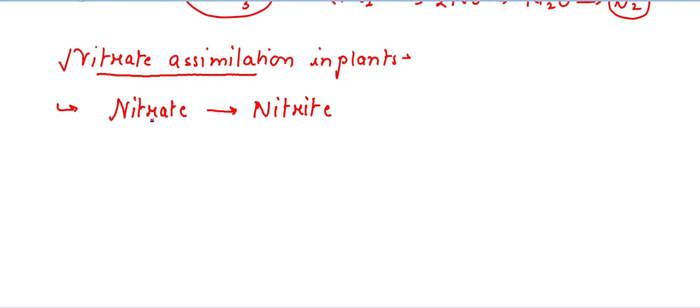And the reduction of nitrate into ammonia is called nitrogen assimilation. So first step, the nitrate is converted into nitrite, and then the nitrite gets converted into ammonia.